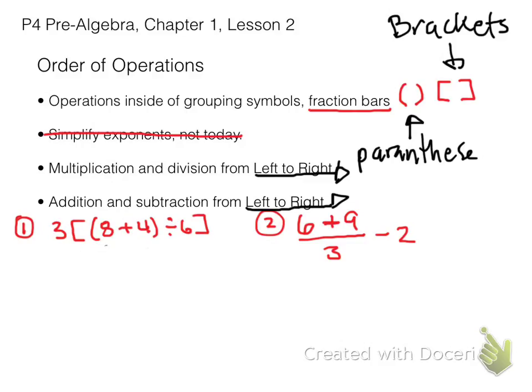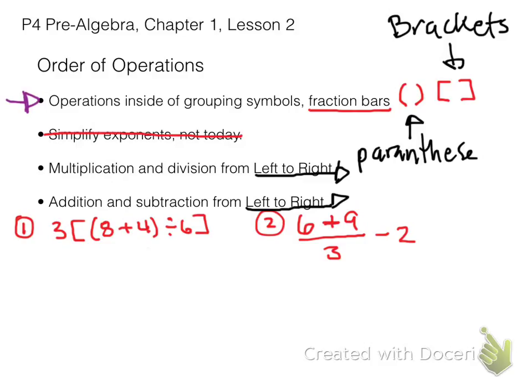The first thing we need to do is follow the order of operations, starting with grouping symbols. Once we're inside the brackets, we still need to follow the order of operations, so the next thing is the grouping symbols, the parentheses. After the brackets come the parentheses.